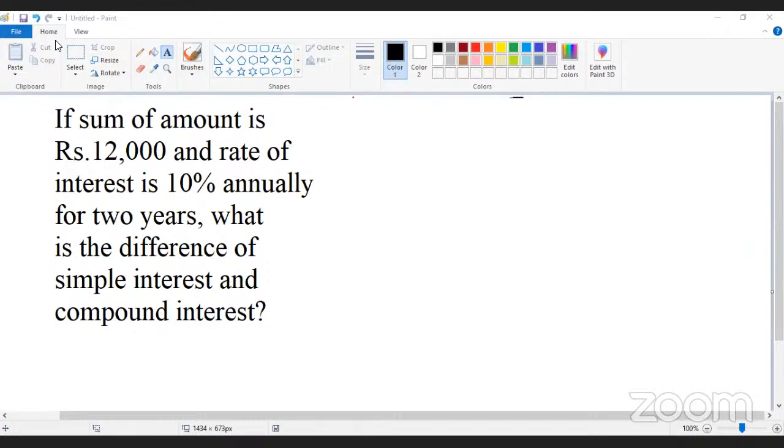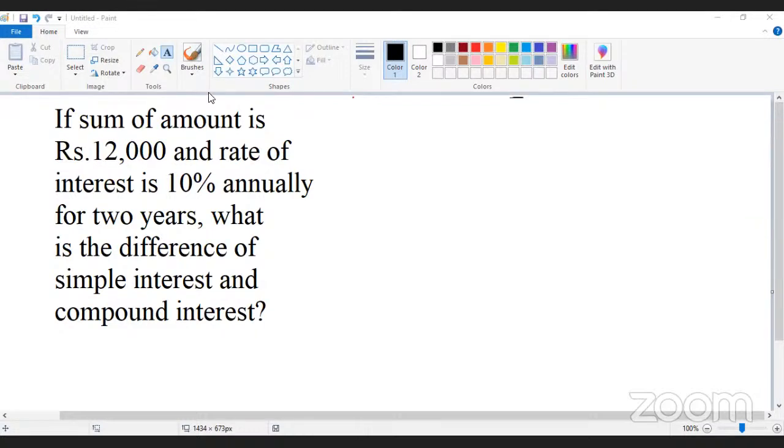What is the difference in their amount? 960. Such a big difference, 960. Okay, that's okay. We'll check it. No problem. Okay, so tell me what is 10% of 12,000?